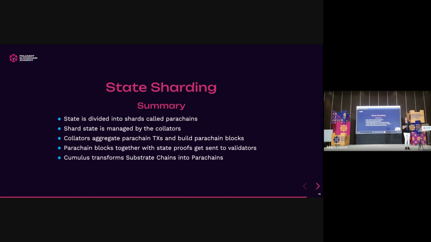The runtime is stored in the state. If you have Alice with 10 tokens in the state, and you're updating her balance, you're sending an extrinsic transaction, give 10 tokens to Alice. And then this block is imported by everyone. And the runtime gets upgraded in a similar fashion.